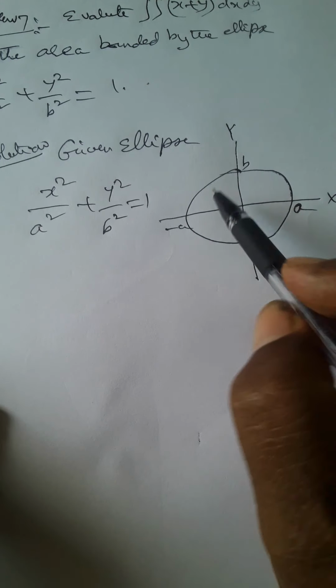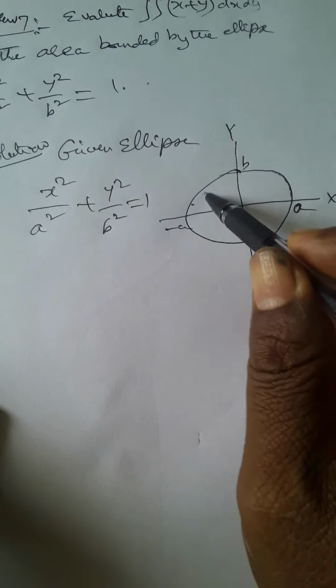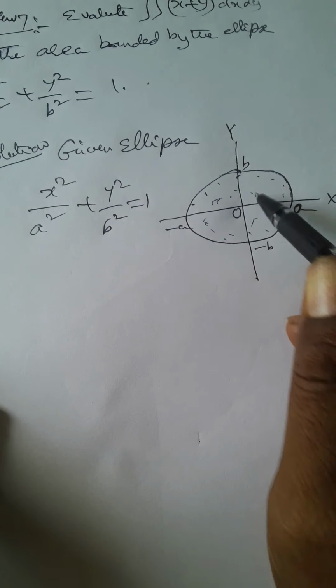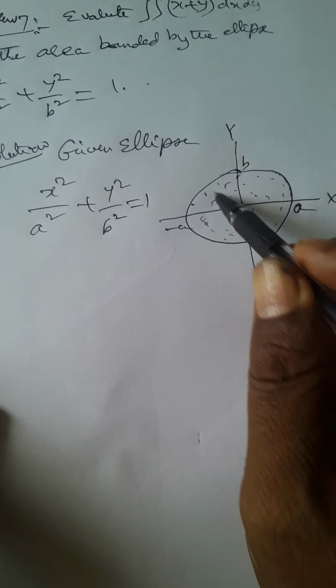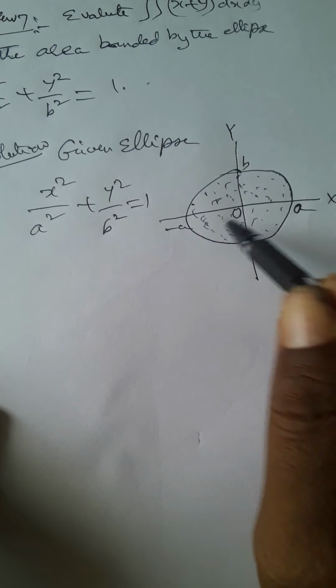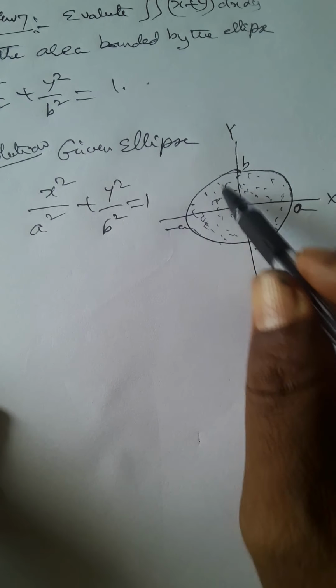Now we have to find the value of the double integral of (x plus y) whole square dx dy over the complete ellipse.